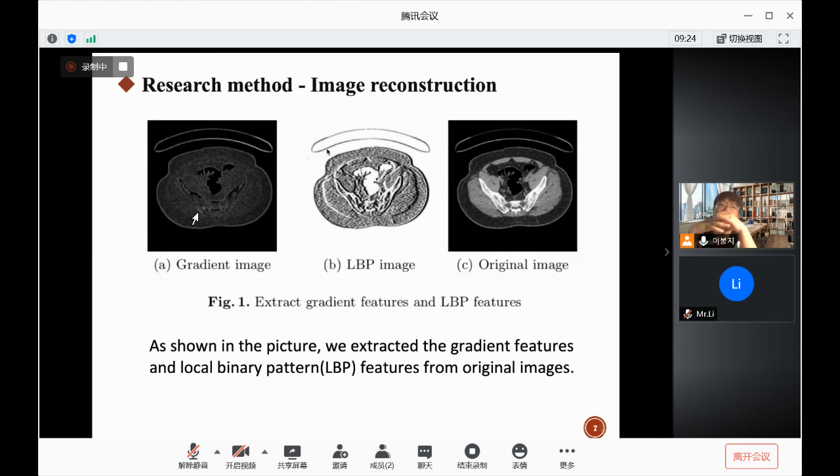As shown in the picture, we extract the gradient features and RBP, local binary pattern features from original images. A is a gradient image, B is RBP image, C is original image.